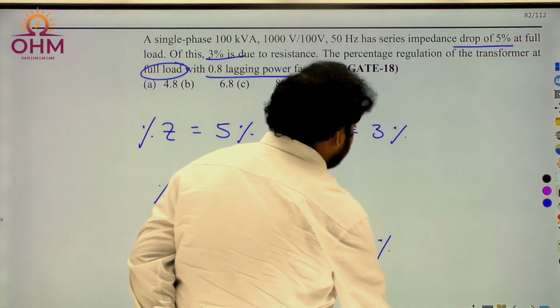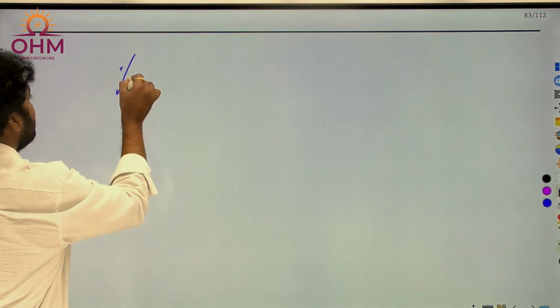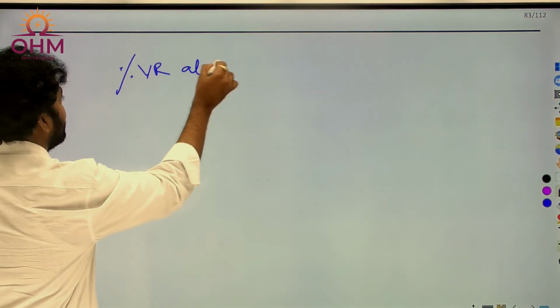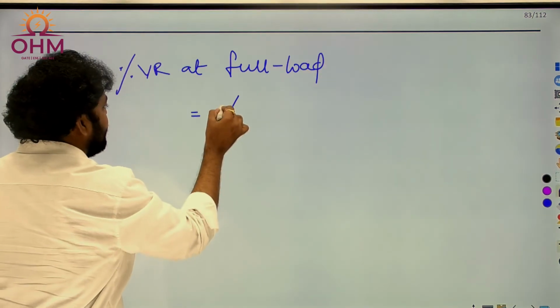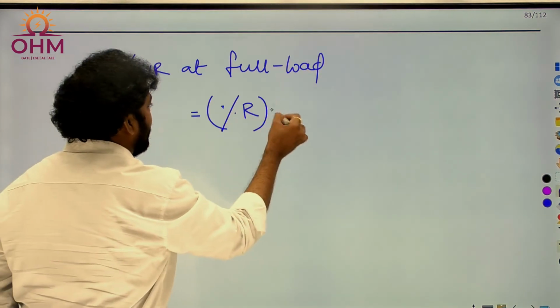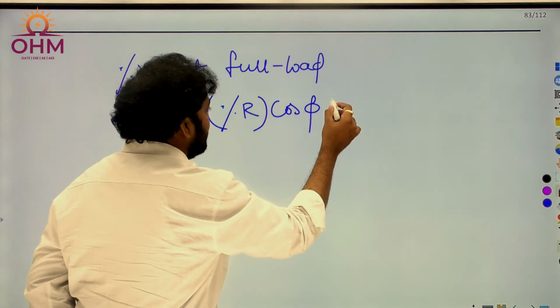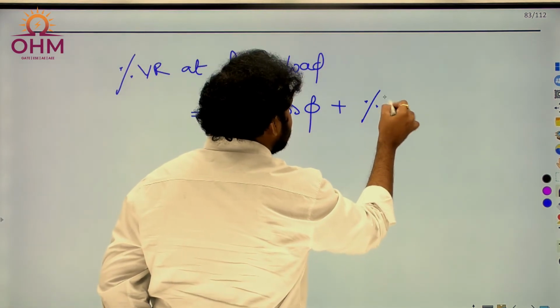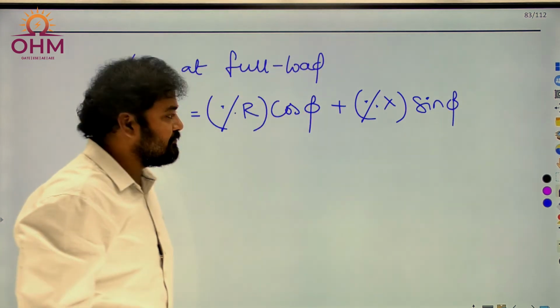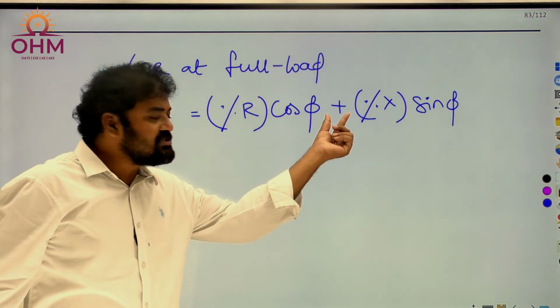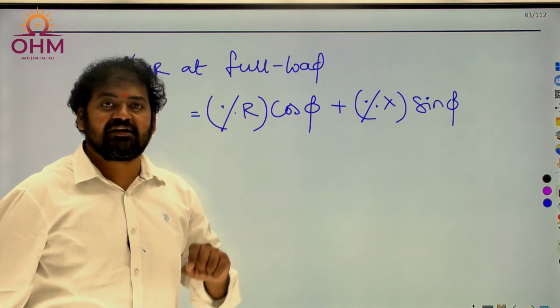What is the direct formula? We know percentage voltage regulation at full load, yes, the formula is percentage resistance into cos phi, which is the power factor, plus percentage reactance into sin phi, that is the value. And you are using a positive sign here because the given power factor is lagging.